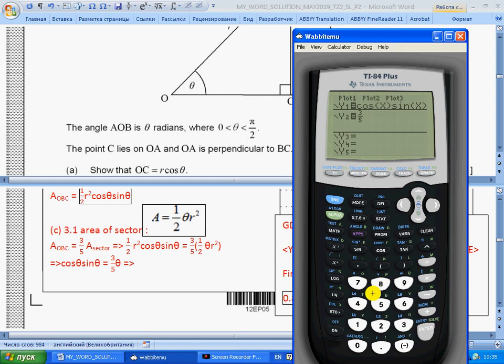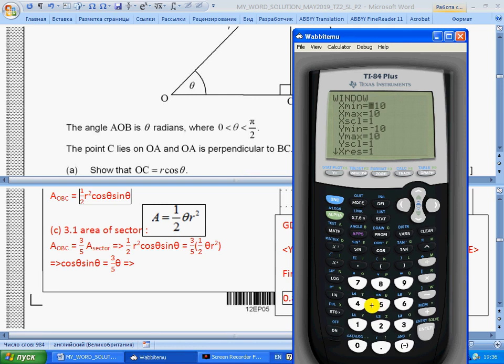Here we have just theta, and now we go to window, because theta is from 0 to pi over 2.